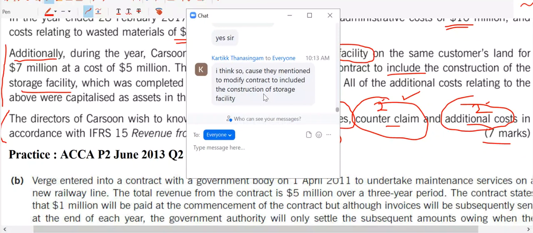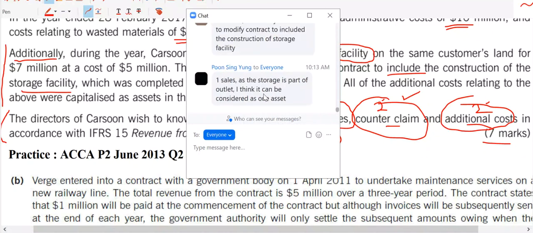I'm exploring options here. I do not know whether we should treat the two as separate or as one. If the two are treated separately, then we continue to construct the retail outlet, which we have been doing. Let's say we have completed 60% or 70%, then we just continue to construct and recognize the revenue up to 60% or 70%.